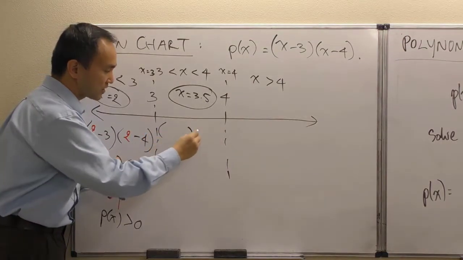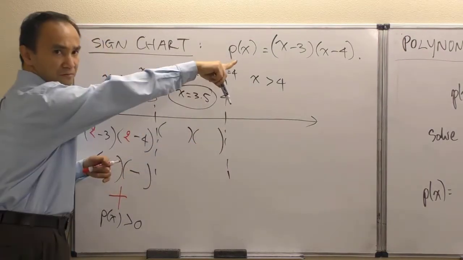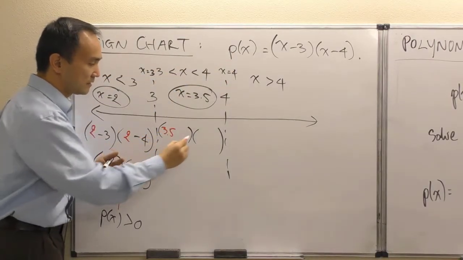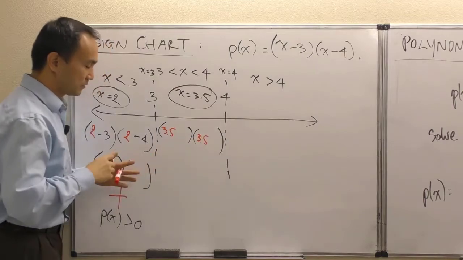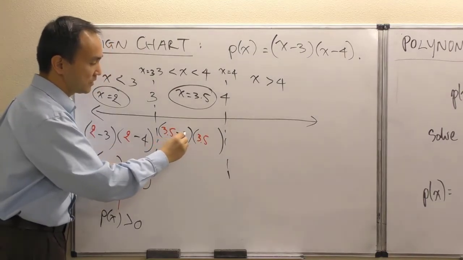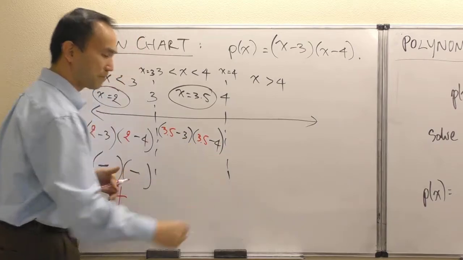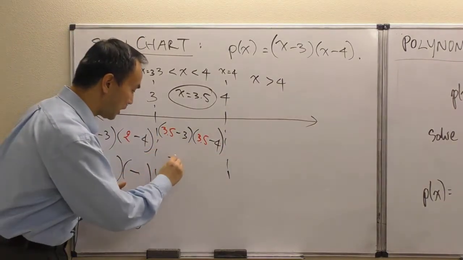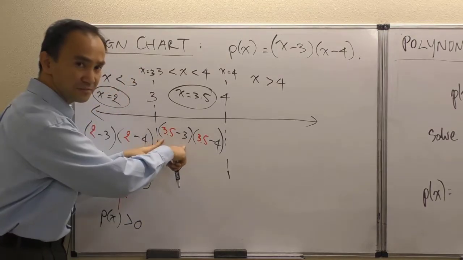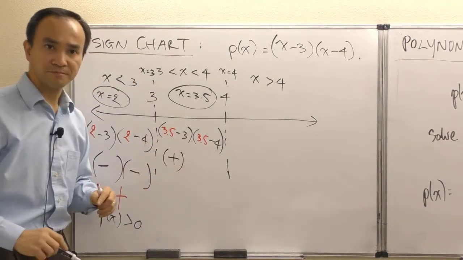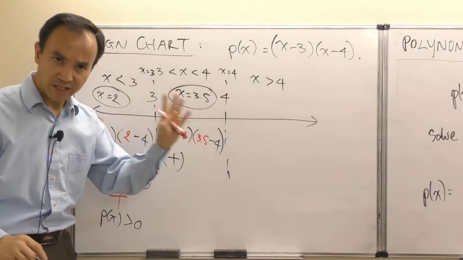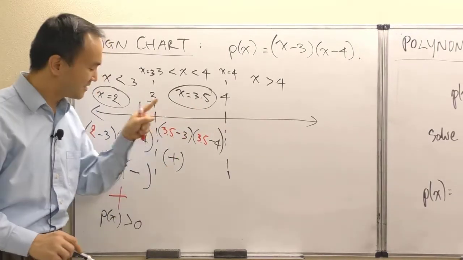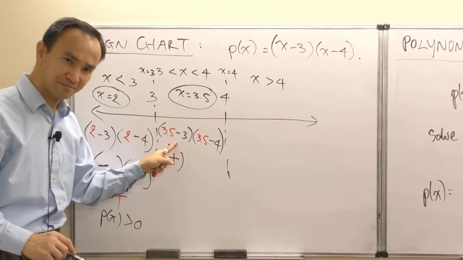Okay, so this is how I see it. In this interval, substituting the value we picked into the polynomial, here I'm looking at 3.5 minus 3 and 3.5 minus 4. Okay, 3.5 minus 3 is positive. That factor is positive. Of course, it's positive 0.5, but I don't need to worry about the 0.5. I'm interested in the sign of that factor.